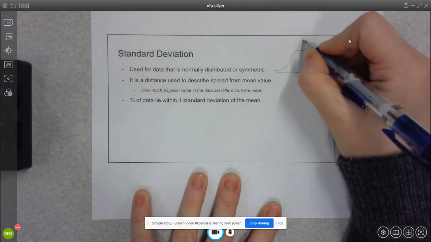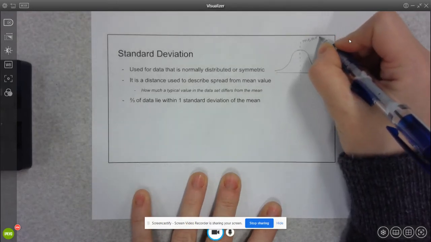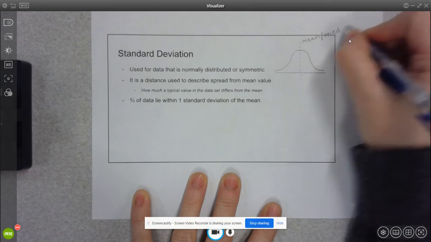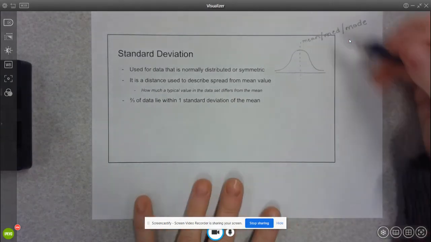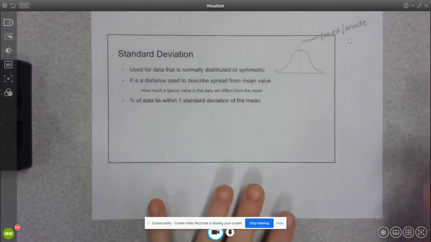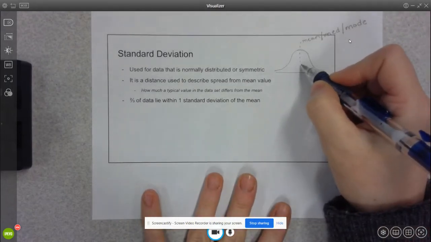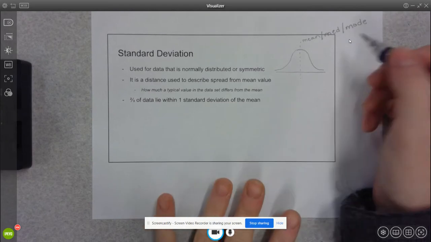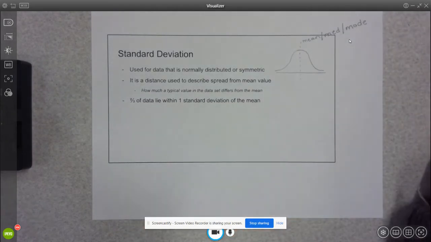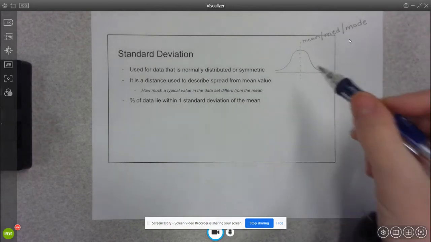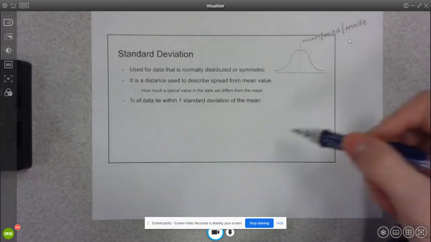So this would be the mean, the median, or the mode. They're all going to be that center peak. And then we have half of our data below and half of our data above. It's that symmetrical property of this normally distributed data that's important.